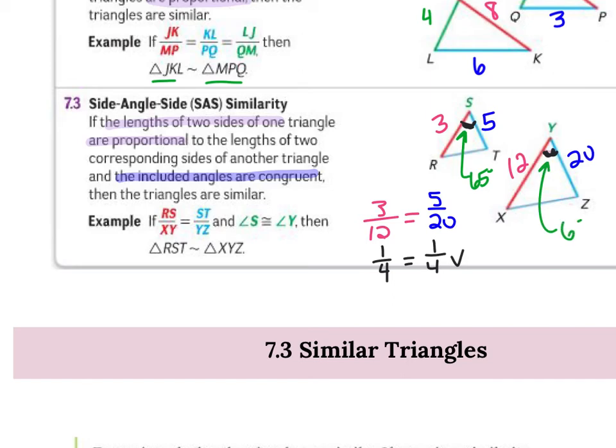This would have to be 65 degrees as well. So with side angle side similarity, we have two proportional sides, proportional corresponding sides, and a pair of included congruent angles. That congruent angle has to lie within the two proportional sides.